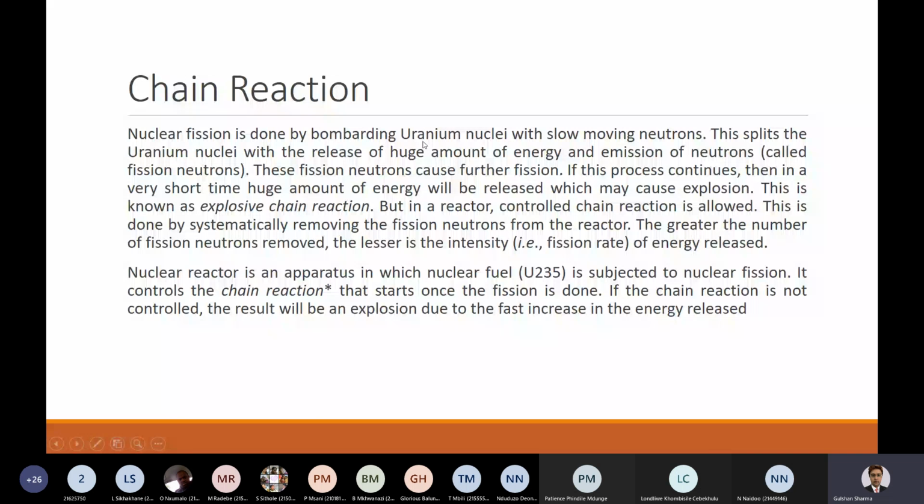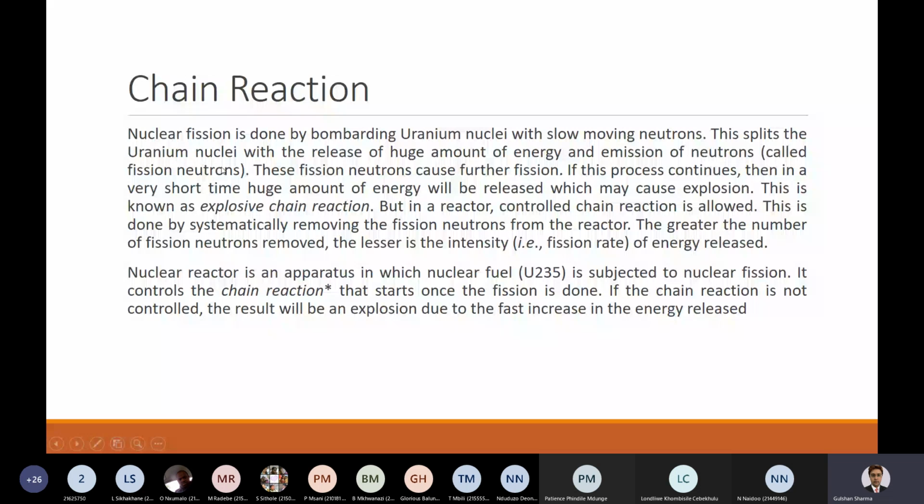So when you bombard the uranium nuclei with a slow moving neutron, it splits the uranium nuclei and releases some energy, the heat energy. At the same time, it also emits neutrons, which are known as fission neutrons.